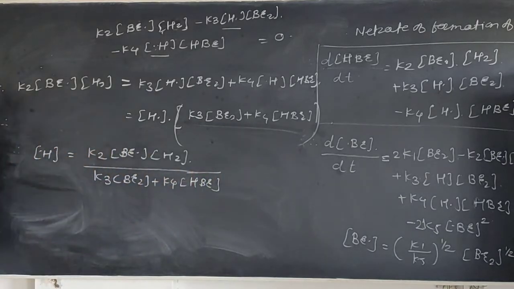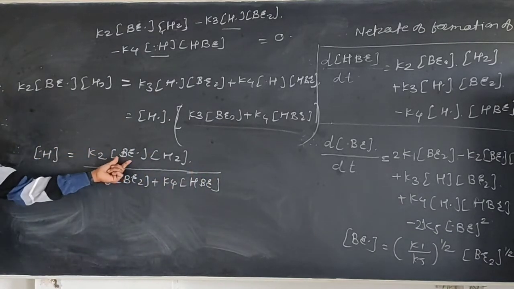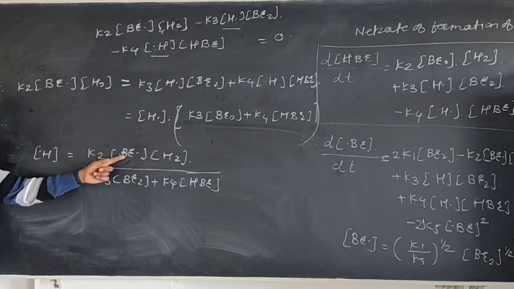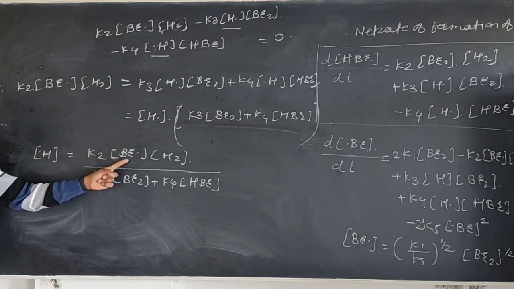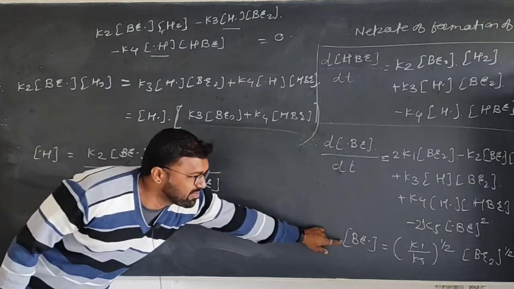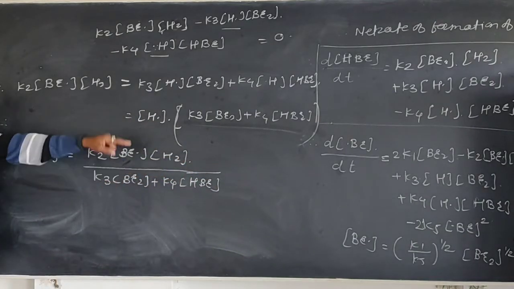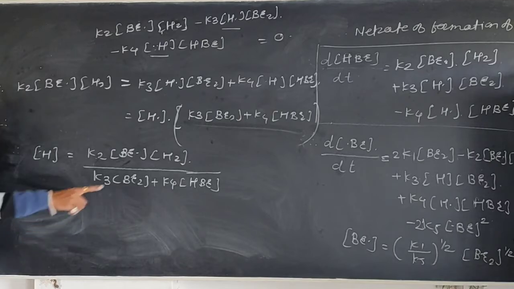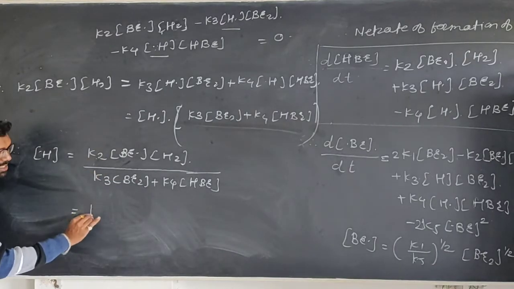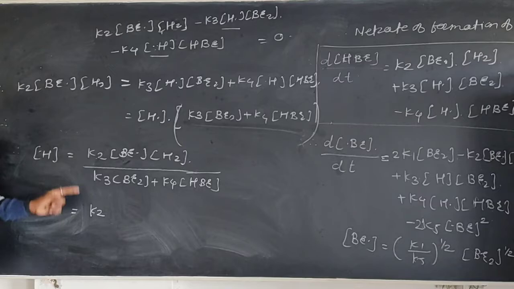But again the problem is that here we have bromine as a free radical in this expression. Therefore, to find the concentration of bromine free radical, use the previous equation, expression number 4. From expression number 4, put the value of bromine free radical in this equation. K2 remains as it is.